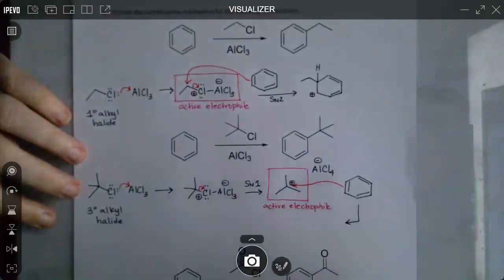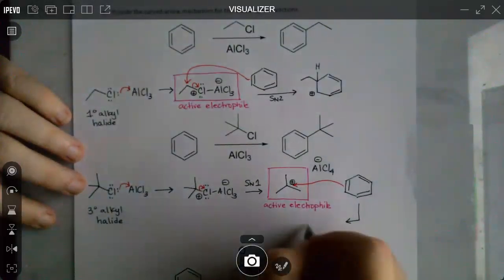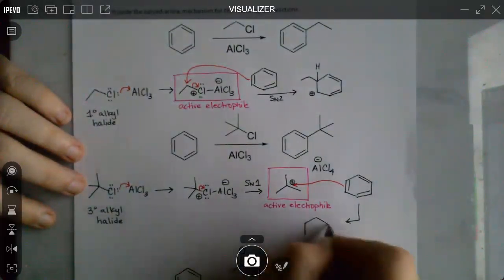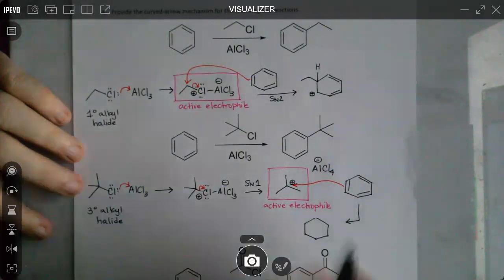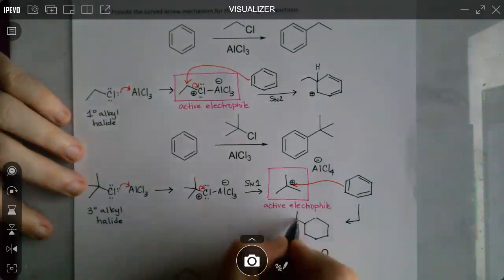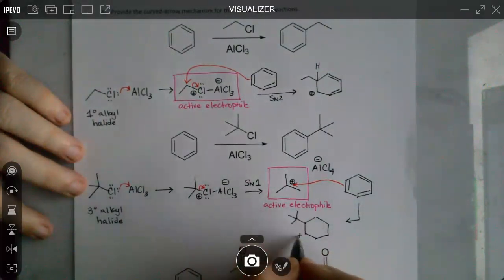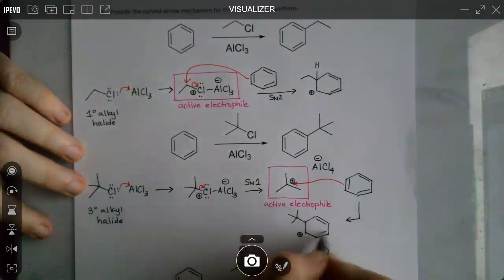Same thing here. We're going to draw the aromatic ring, which has temporarily lost its aromaticity. I'm going to put the tert-butyl group here, positive charge there.